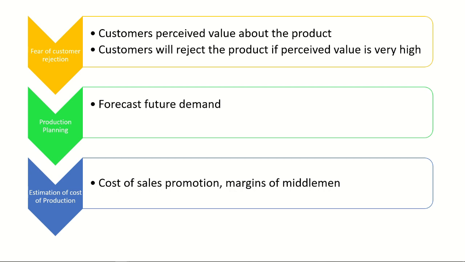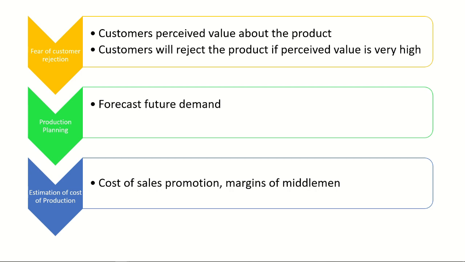So how to decide the price before the introduction, because we don't know the cost that will be incurred after the introduction of the product. So these are the various problems that may be incurred related to the pricing of a new product.